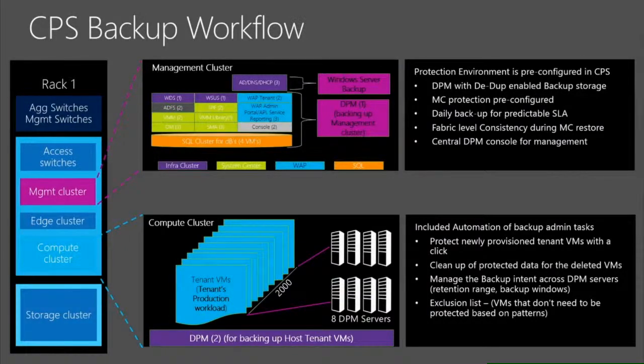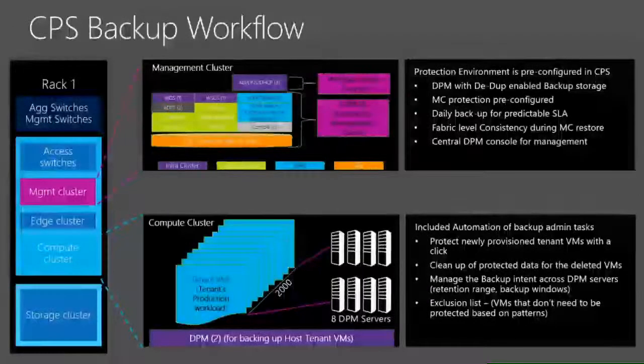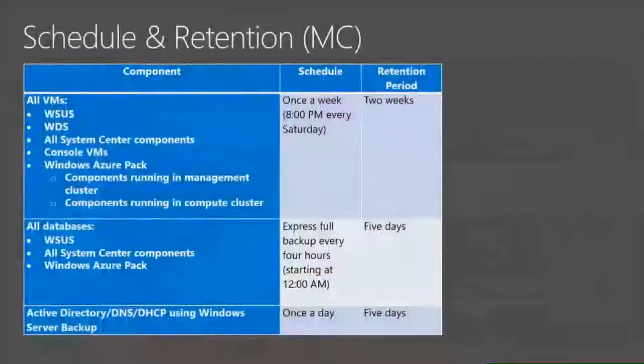If Active Directory is down, I cannot bring up SQL Server. So how do I back up my Active Directory? We switched to using Windows Server Backup for backing up our Active Directory. What that leads to is our Active Directory domain controllers have additional disks where we store the system state backups.